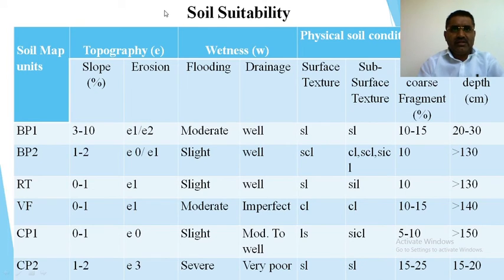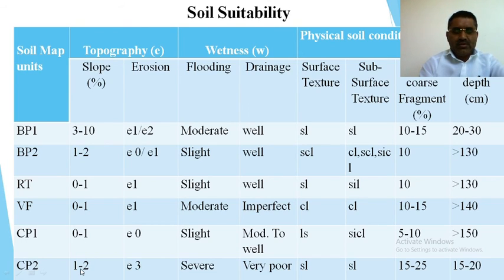So let us see the next table. This is soil map units: BP1, BP2, RT, VF, CP1, CP2. Slope as topography, the same criteria or the same factors we have used over here: slope, erosion, flooding, drainage, surface texture, subsurface texture, surface coarse fragment, and soil depth.